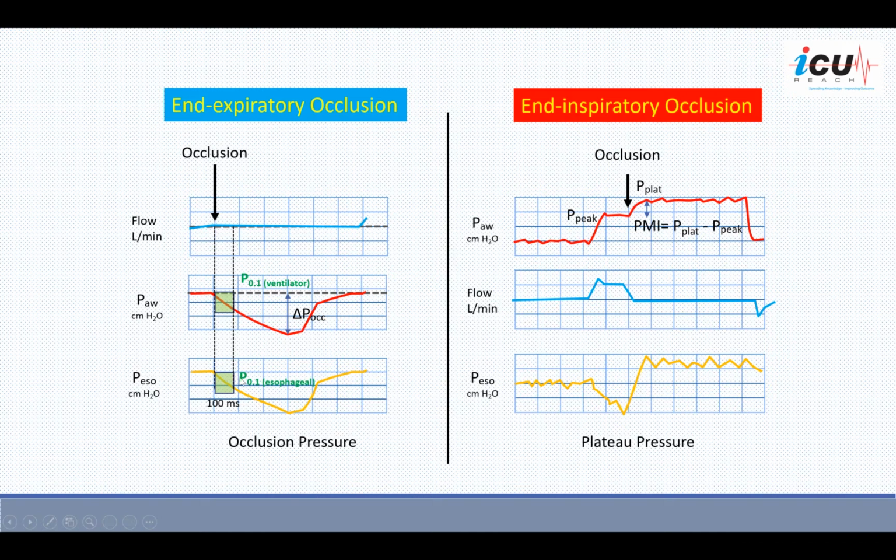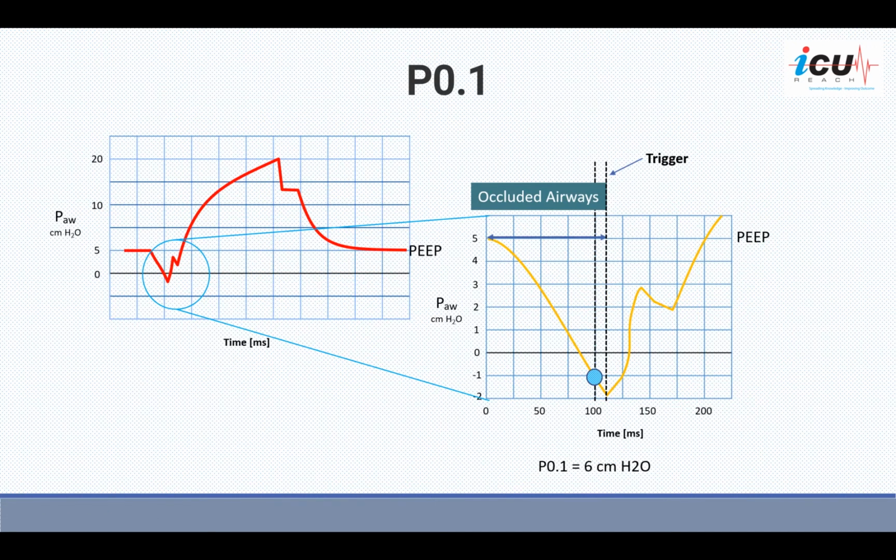It would be the same mechanism. The first 100 milliseconds, we need to measure that negative pressure. How much this pressure at 100 milliseconds would represent the P0.1.